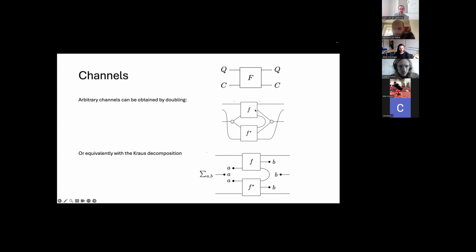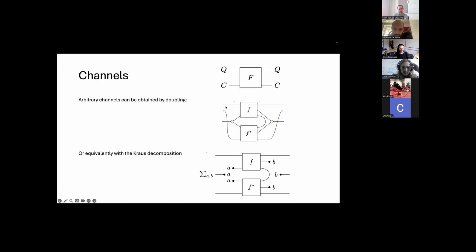This is represented by a linear map, little f, that you compose in this way. The quantum space becomes the tensor product of two copies of the base space, whereas the classical space is a single copy of that space.